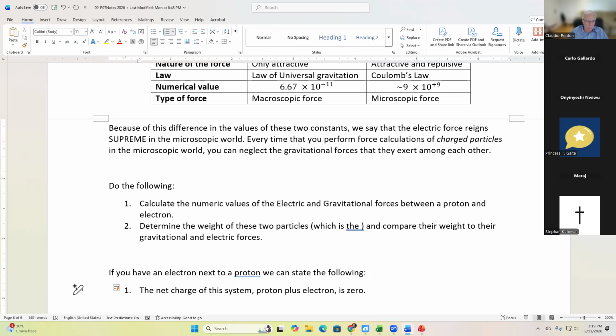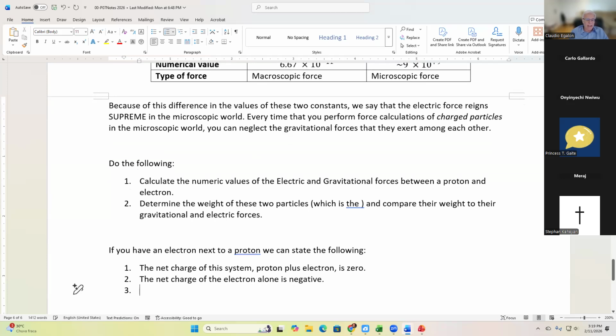But you already know of this system, proton and electron. Of course, the net charge of the electron alone is very important, so you need to start thinking along those lines. The net charge of the electron alone is negative.